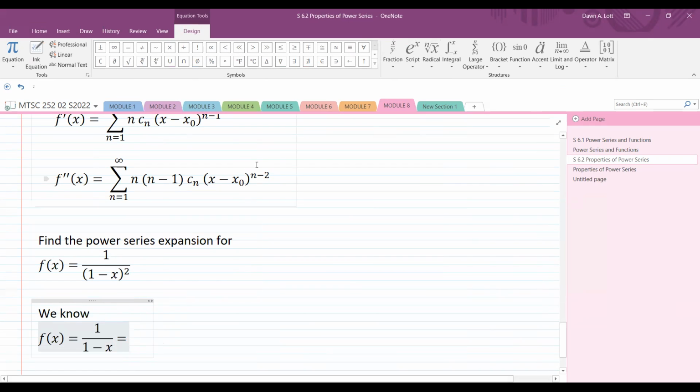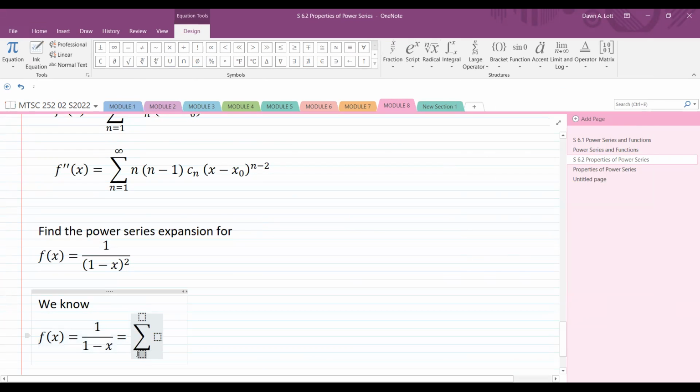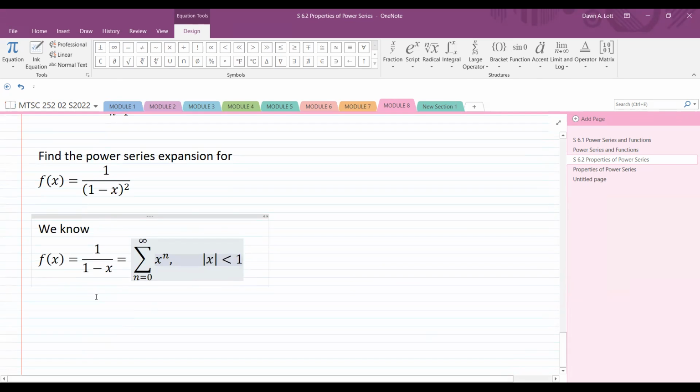That one is the sum n equals 0 to infinity of x to the n, and we know this converges only when the absolute value of x is strictly less than 1. So we do know that power series.